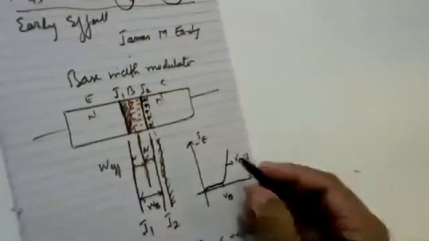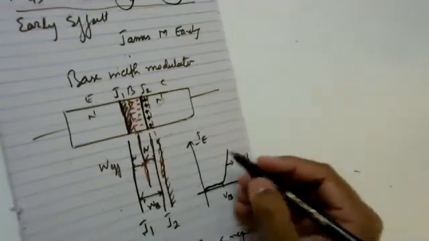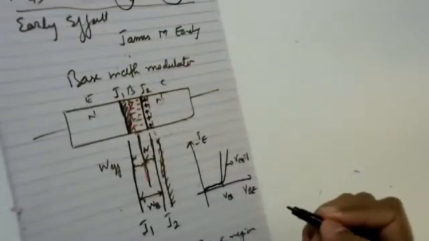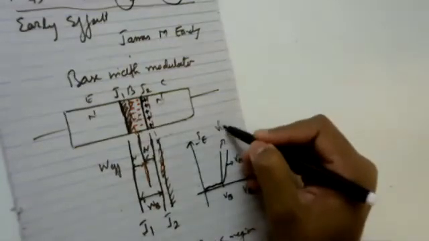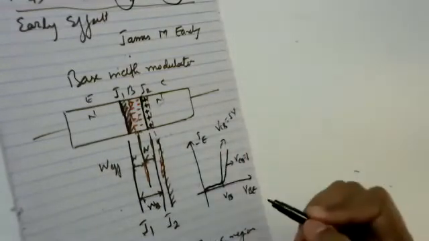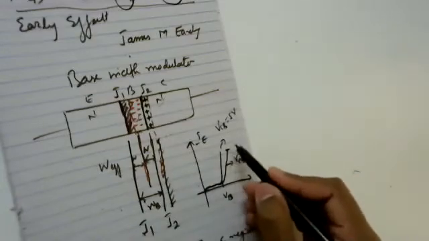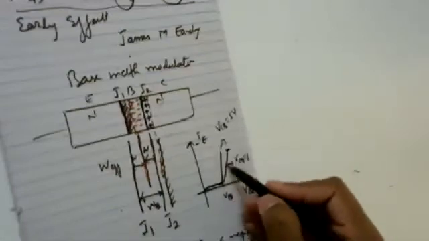But the rise of current, the amount of electrons ejected from the emitter, will be seen like this. Understanding? This is the response seen when your VCB is equal to 5 volts. This is called the early effect.